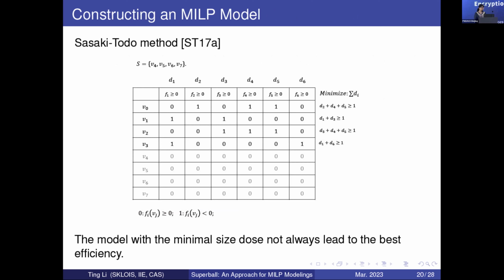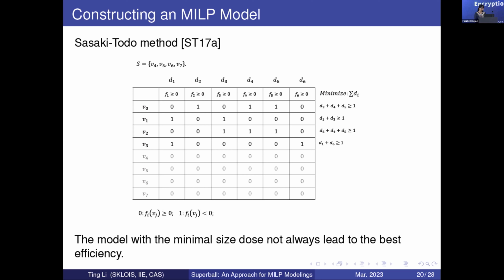Sasaki and Todo's method is a common method to construct MILP models. This method assigns binary variables to each inequality, and the value of 1 indicates that the inequality is selected. In this table, the value 1 in column i and row j means that the point j can be removed by the inequality i.